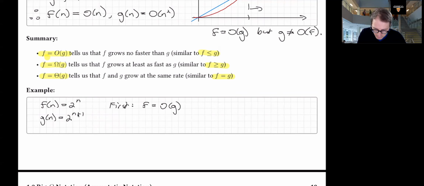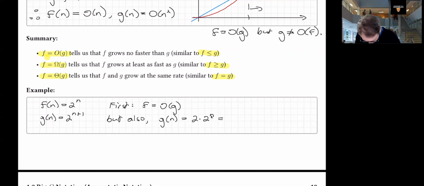But also, we know that g can just be written as 2 times 2 to the power of n, right? Because it's 2 to the power of n plus 1, which is just a constant times 2 to the power of n, which is big O of 2 to the n.